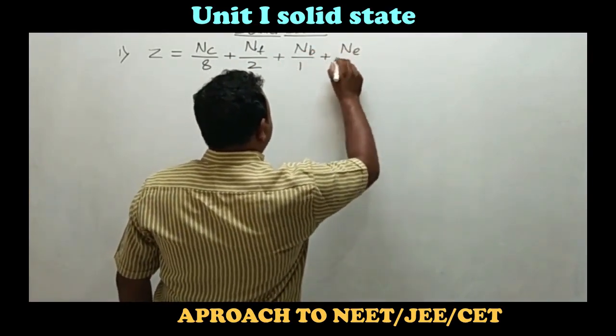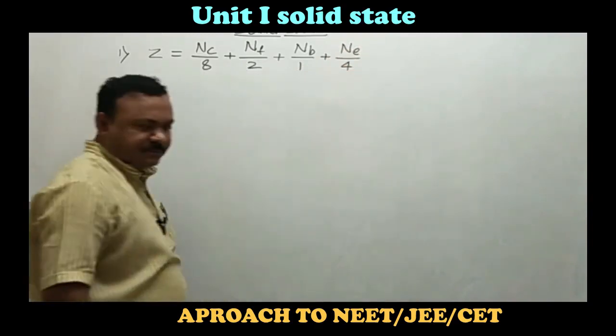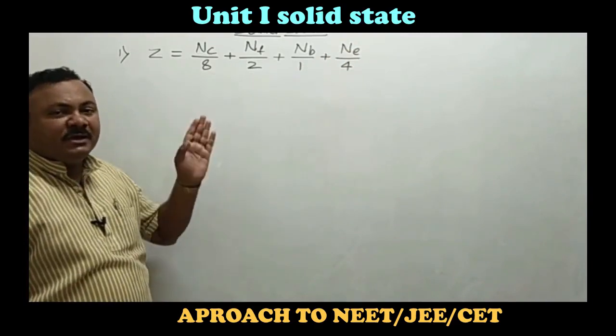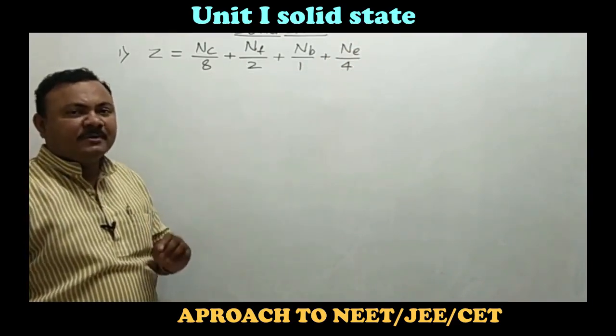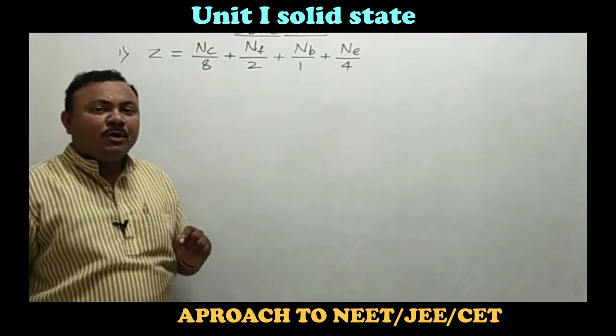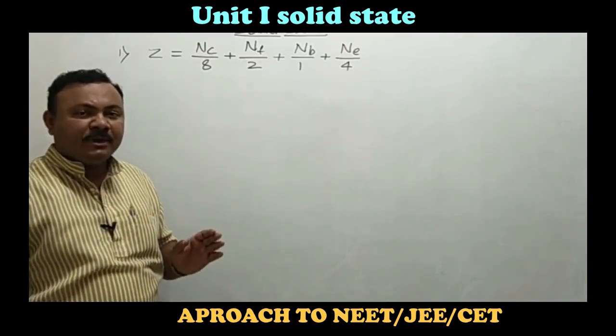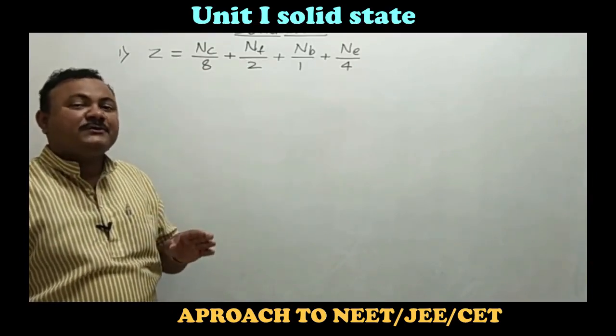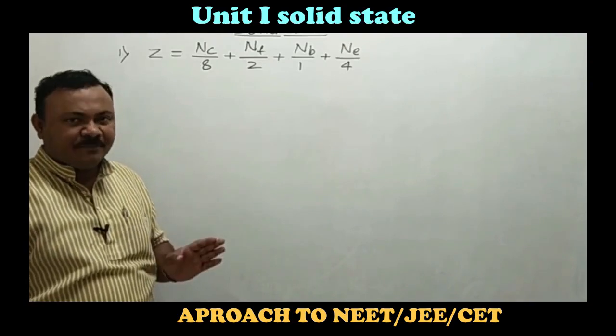Number of edge centered atoms divided by 4. Use this formula for calculating Z, where Z is nothing but number of atoms per unit cell. Better you note down all these formulae as well as the table so that it will become easy when we go for solving problems in the next session.